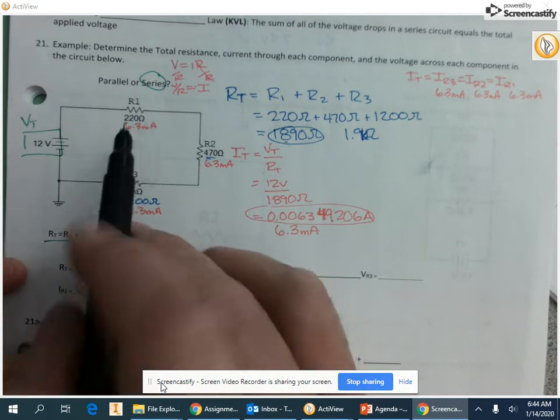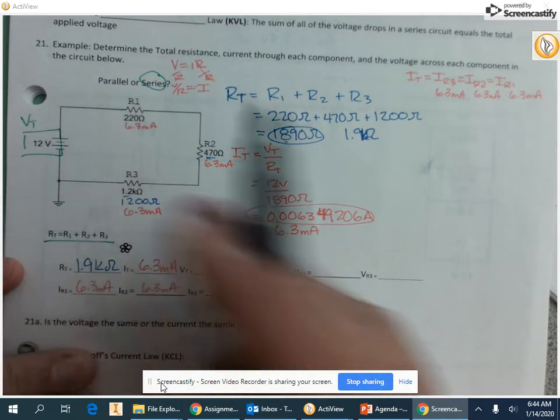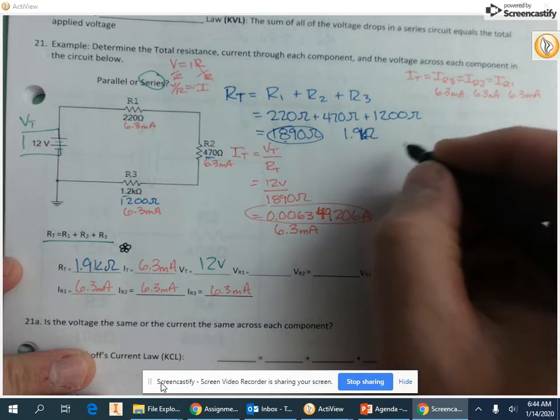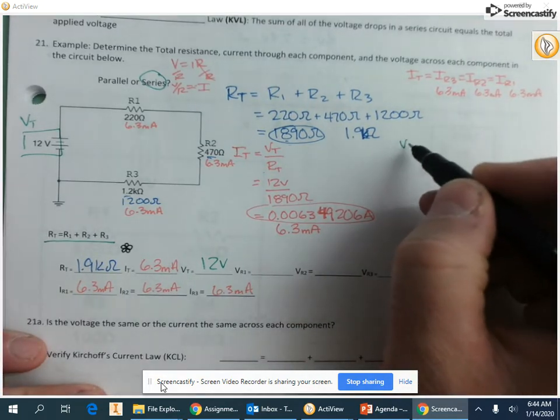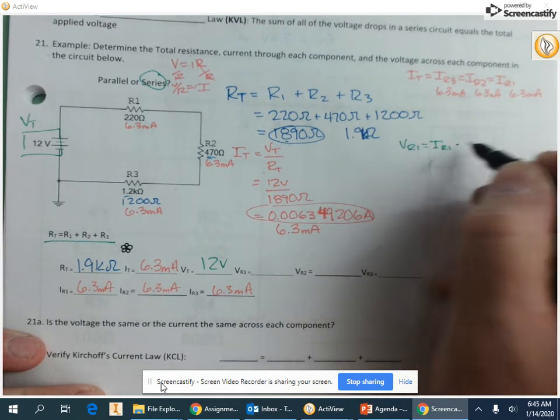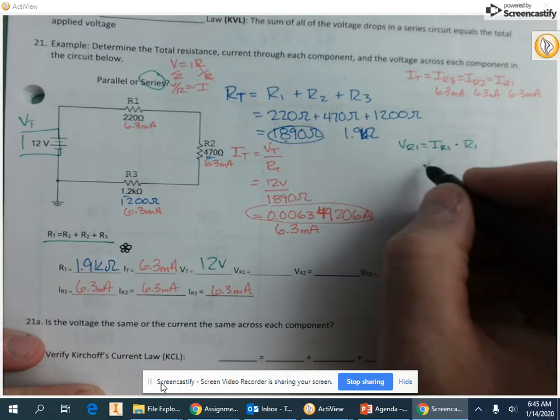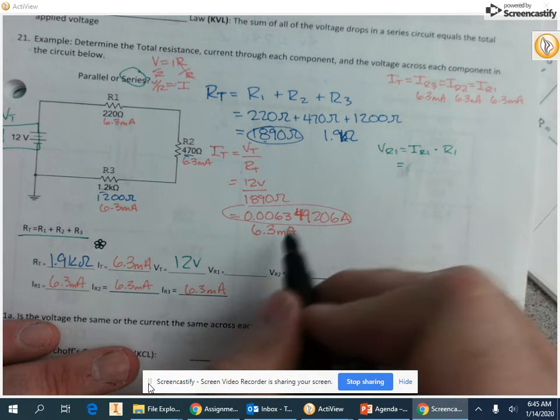So I know the resistance and the current here. To find the voltage at R1, I'm going to say VR1 is equal to the current at R1 times R1. But when I do this calculation, I cannot use 6.3.